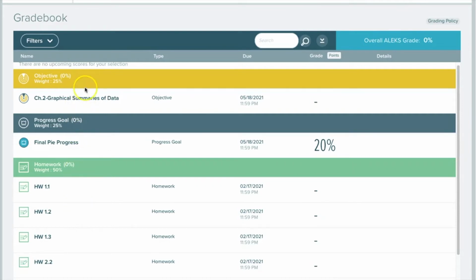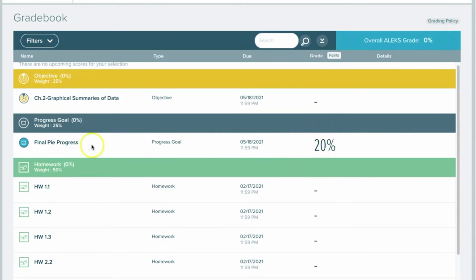So these 2 systems really work well together, but you have to realize that they are two different systems. This system over here is more traditional, and this is the objective side, also known as the adaptive side. When you do a problem here and get it right, you also get credit in this final pi progress. After you do the knowledge check, if you get some things right, you'll already have some of that final pi.